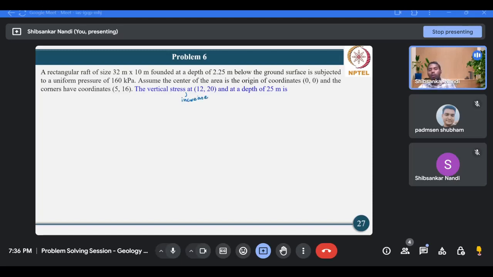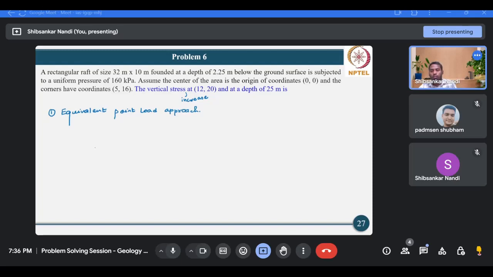Now we'll follow two different approaches. So first one is the equivalent point load approach. Okay, to answer this question, equivalent point load approach.